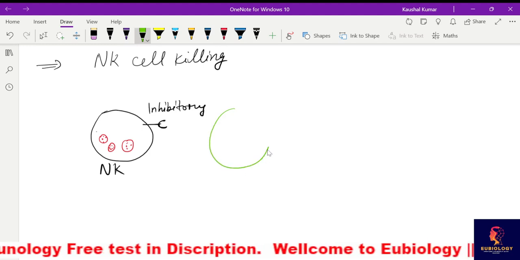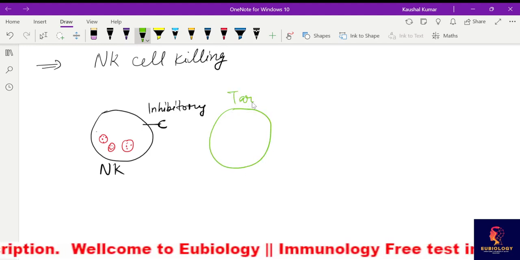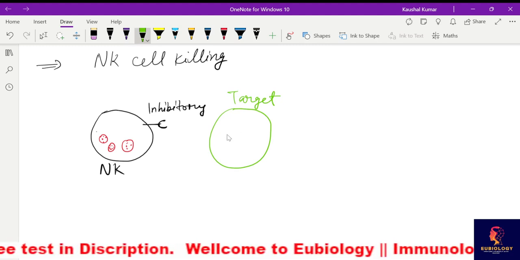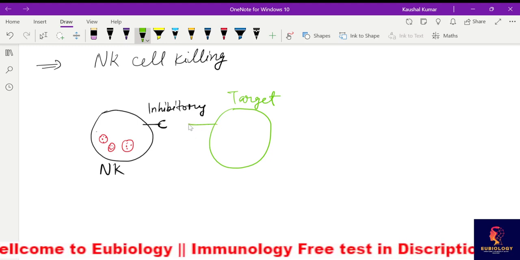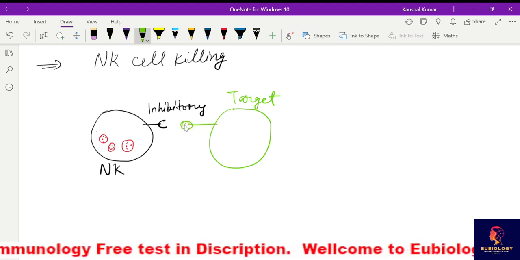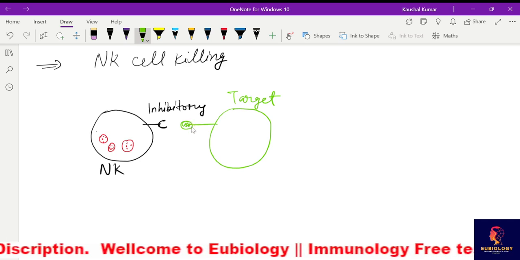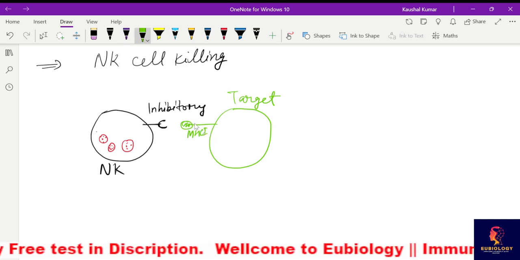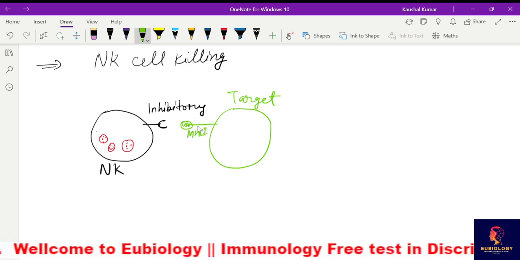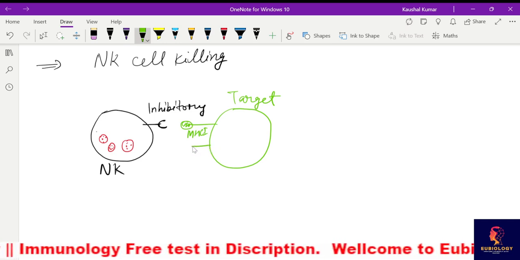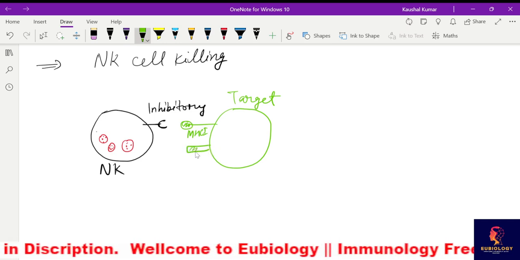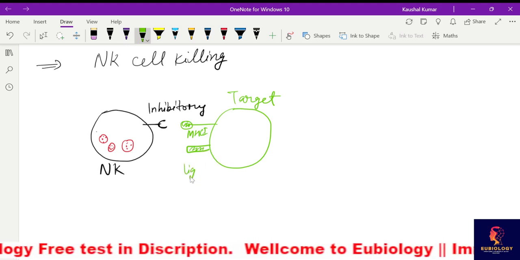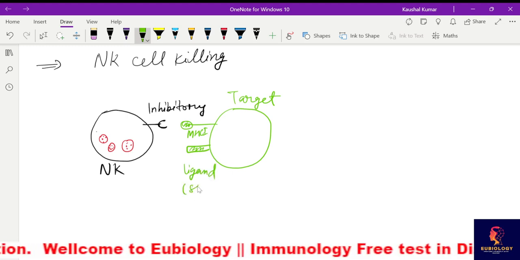And if it interacts with the target cell, and the target cell has the class one MHC molecule with the inhibitor, and this target cell also has another molecule, which is called the ligand, or we can say a stimulator.